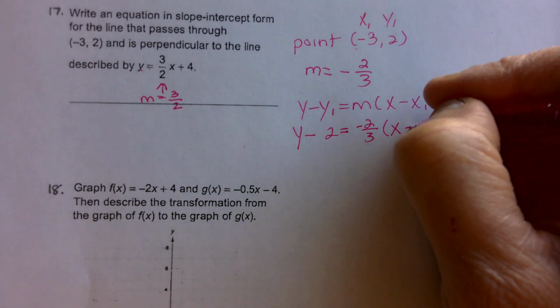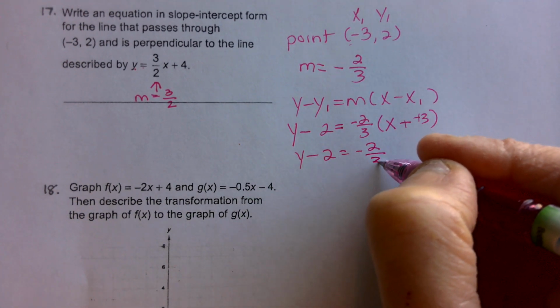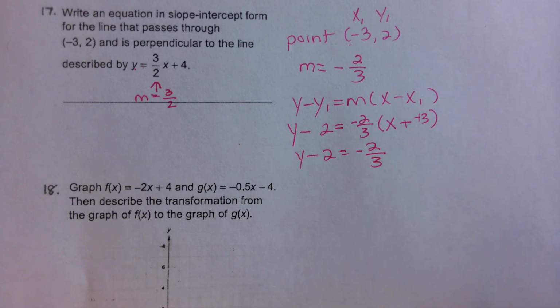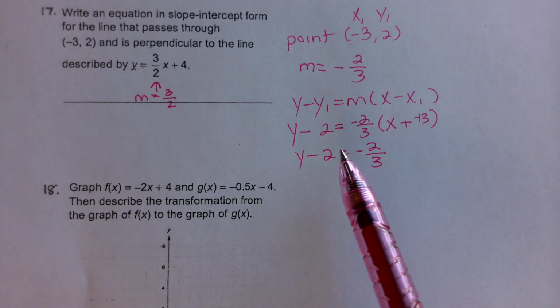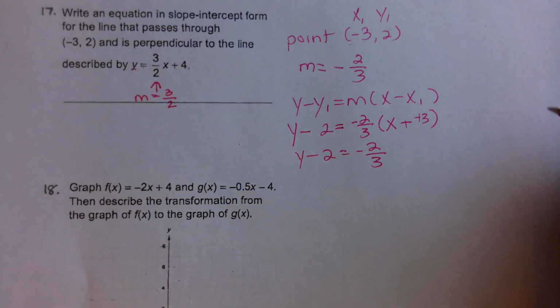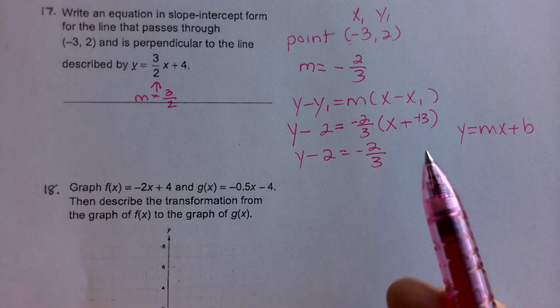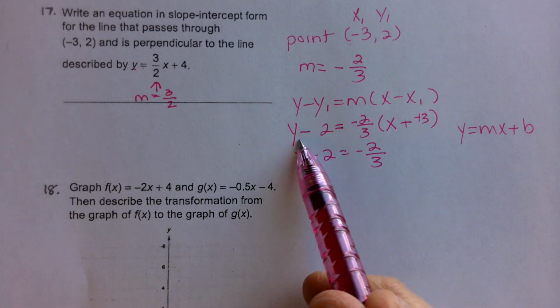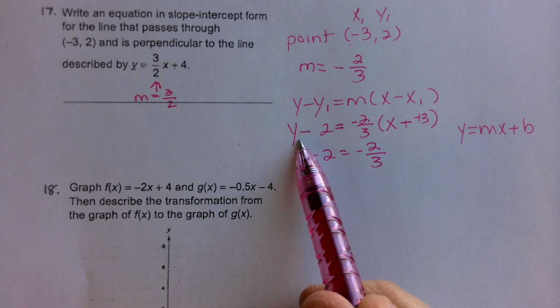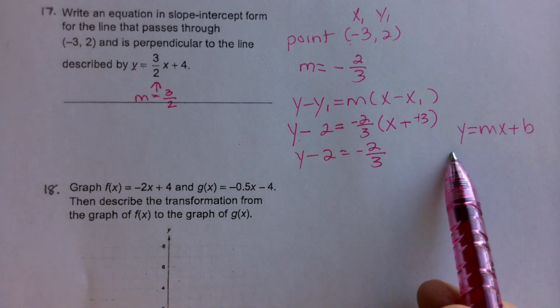All right, y minus 2 equals negative 2/3. Let's multiply because we're, oh, sorry, I'm jumping ahead here. We got to get it into slope-intercept form, which is y equals mx plus b. So that's why now I'm going to take this and solve it for y. If I ever need to go from this one to this one, I'm just solving for y.